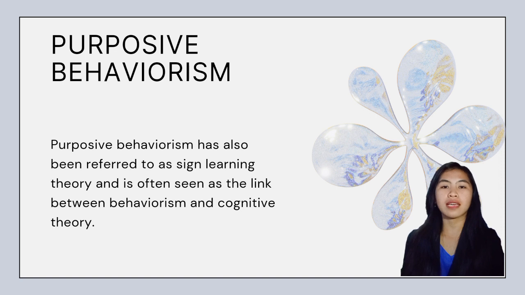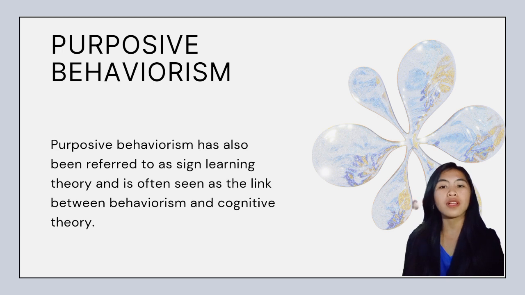Purposive behaviorism has also been referred to as sign learning theory and is often seen as the link between behaviorism and cognitive theory. Tolman believed that learning is a cognitive process. Learning involves forming beliefs and obtaining knowledge about the environment, and then revealing the knowledge through purposeful and goal-directed behavior.